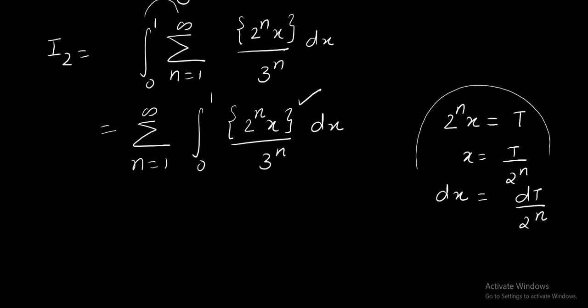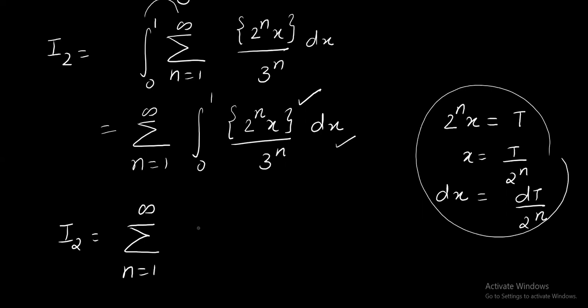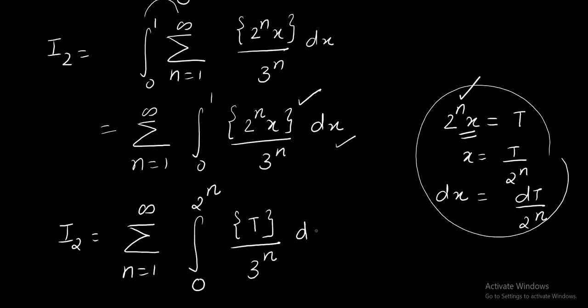I'm using all these substitutions and the values of dx in this integral. You can see that I2 will take the form sigma n is from 1 to infinity. Lower limit for t is 0, while the upper limit has become 2 power n. Then we are getting it as fractional part of t. Denominator has not changed. dx is being replaced with dt by 2 raised to the power n, right? This is what we are getting.